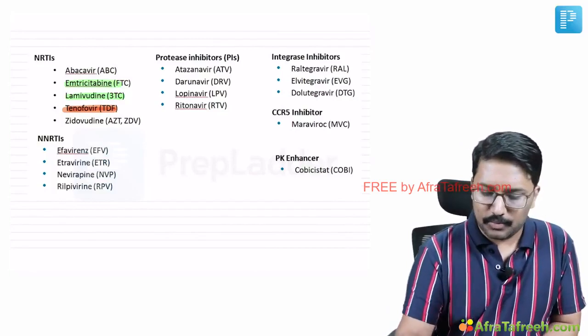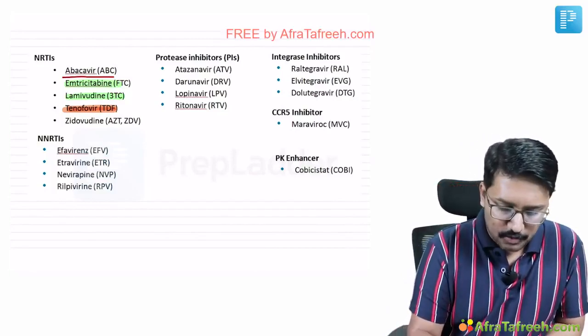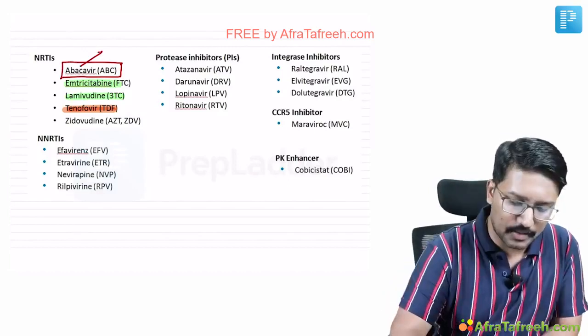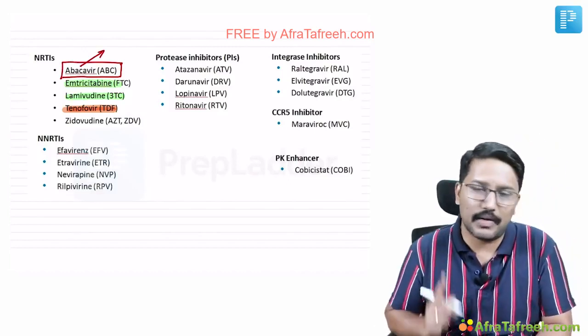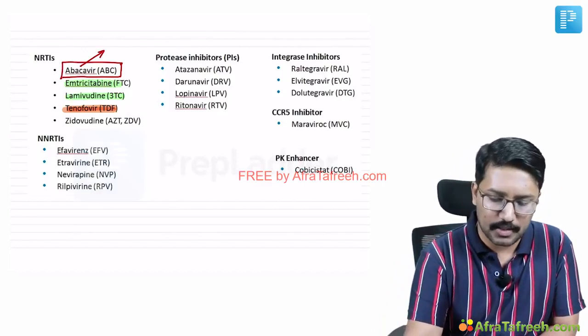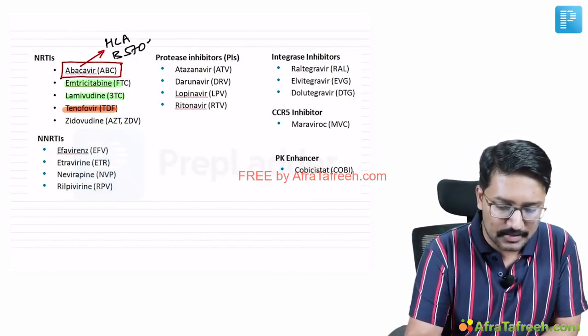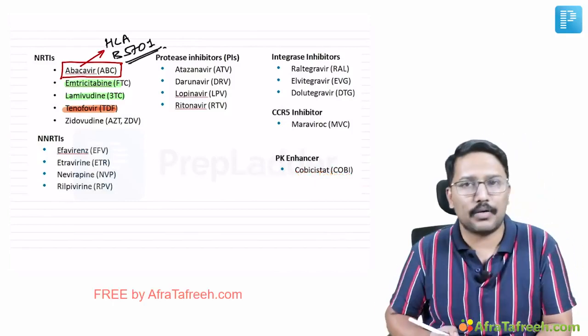Okay. Now I want you to remember one particular point, which is an MCQ point with respect to reverse transcriptase inhibitors, that is abacavir. What is the point I'm talking about? Whenever we talk about abacavir, we should keep in mind about HLA B5701. Okay. Why is this important?